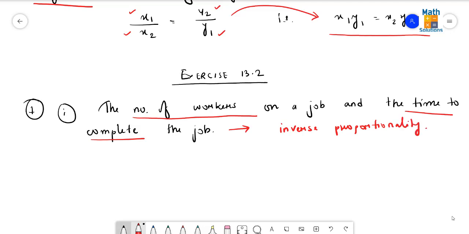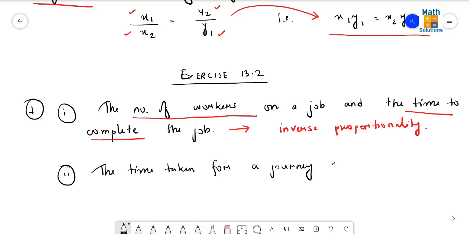In the second case, the second question stands for what? The time taken for a journey and the distance traveled at a uniform speed.